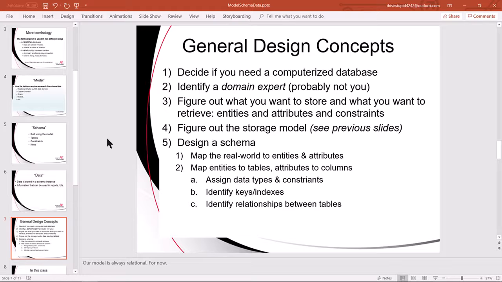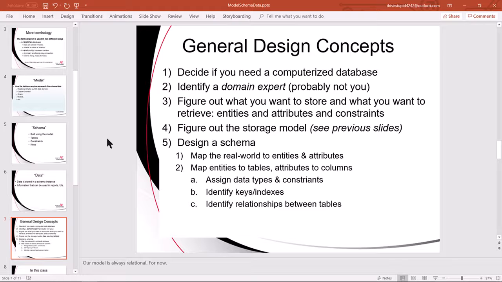Decide if you need a computerized database. Well, in this course, we've already decided that we need a database. Sometimes your customer will come to you, and you can tell them they can get by with a shoebox and some index cards. Sometimes they need a redundant, cloud-based, multi-user database, and sometimes they don't.